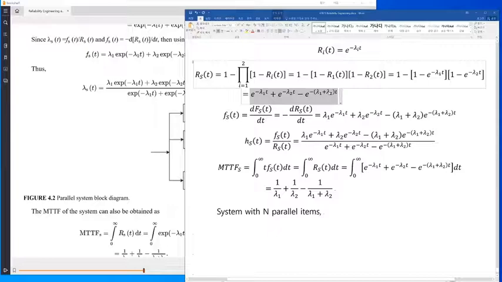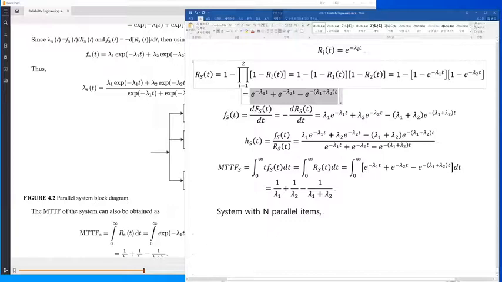In case there are 3, it is going to be exponential minus lambda 1, lambda 2, and lambda 3, minus exponential minus lambda 1 plus lambda 2, minus lambda 2 plus lambda 3, minus lambda 1 plus lambda 3, and plus exponential minus lambda 1 plus lambda 2 plus lambda 3.